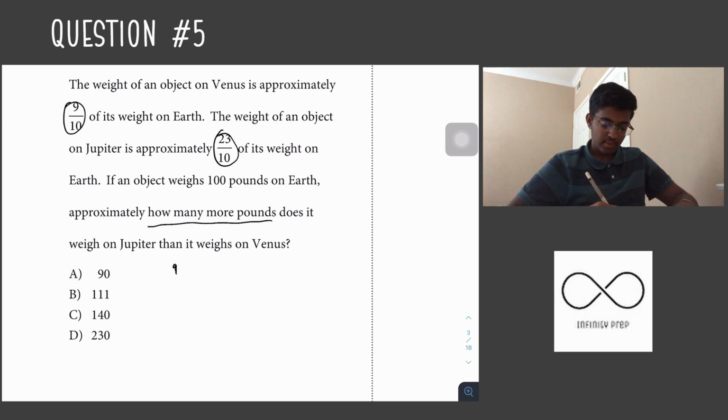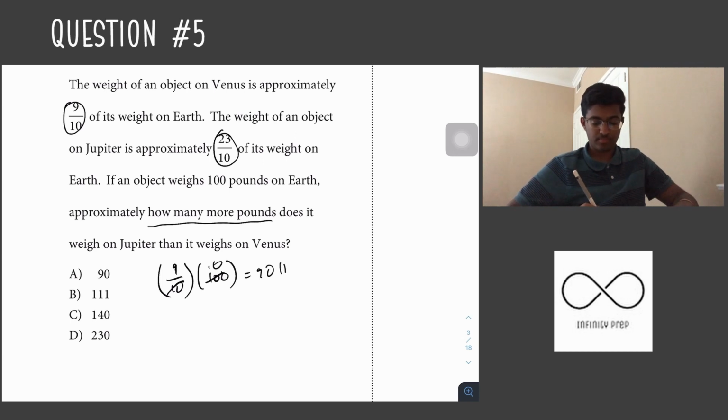So if we do that, we get 9/10 times 100, which results in the 10 canceling out and the 100 becoming 10. And this becomes 90 pounds on Venus. And to find how many pounds it weighs on Jupiter, we need to multiply 23/10 by 100.